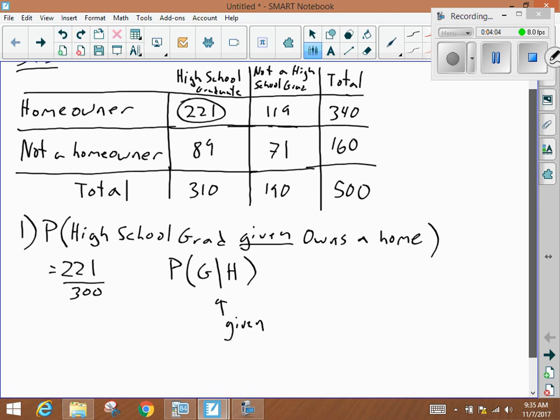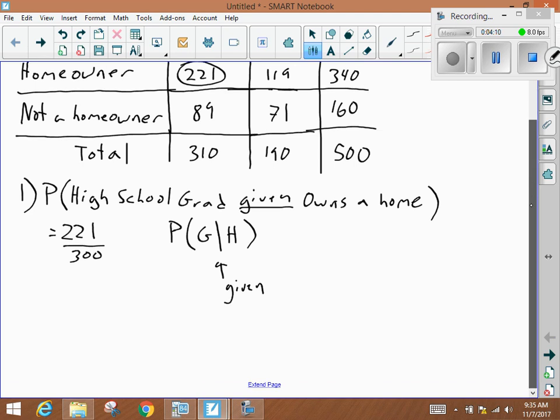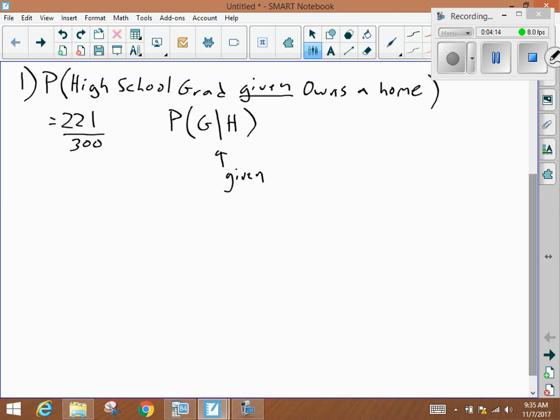We do need to find another conditional probability. So I'm going to go ahead and have this scroll over here. I'll have to go back up and look at our list.